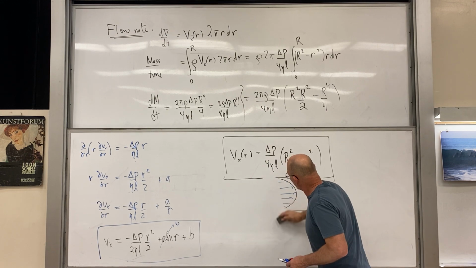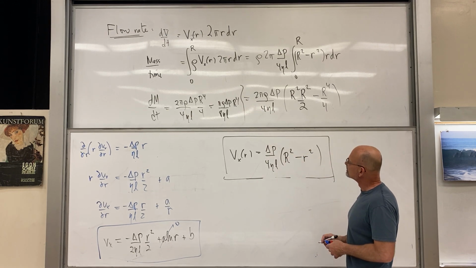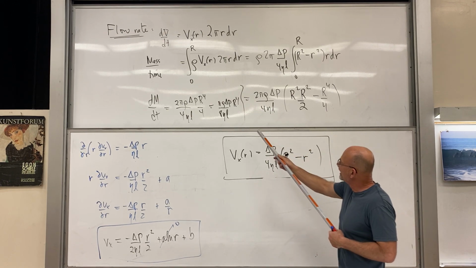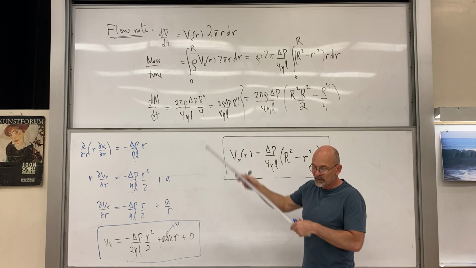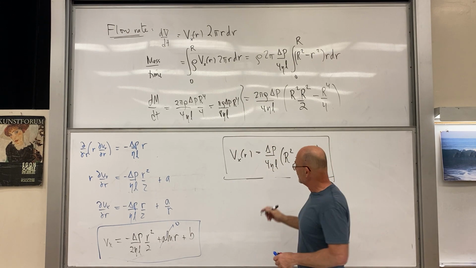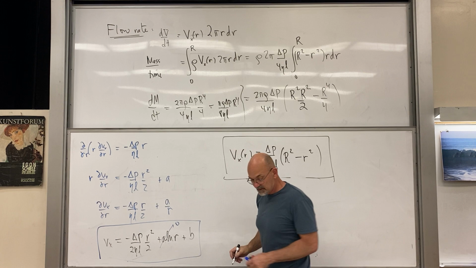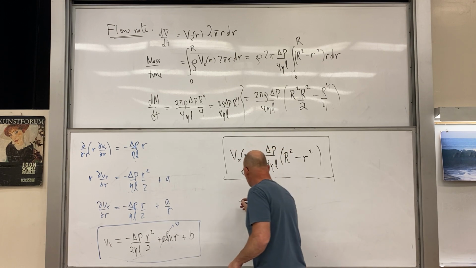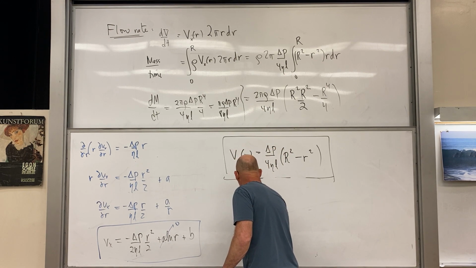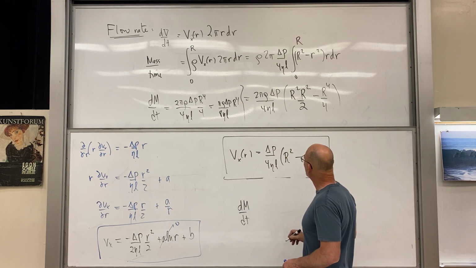We'll go right under here. The only thing I really want to change, I want to put eta over rho in the denominator. So we have dm dt, the mass flow rate.